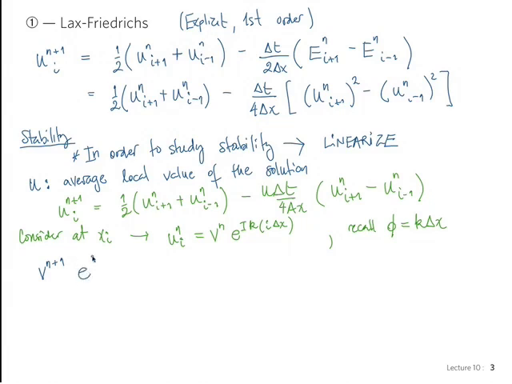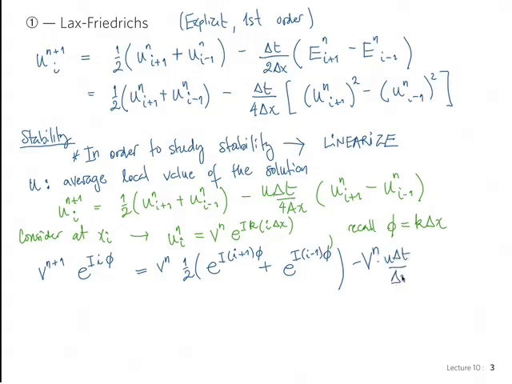V^(n+1) e^(i i phi) equal to V^n, one half, e^(i(i+1)phi) plus e^(i(i-1)phi), minus V^n U delta t divided by delta x.